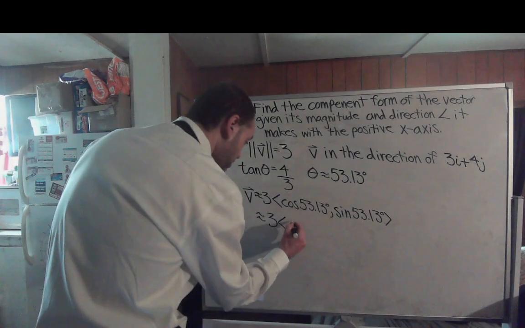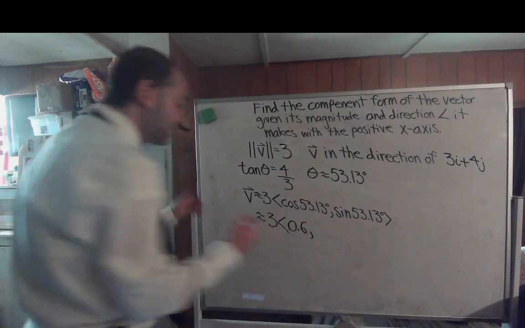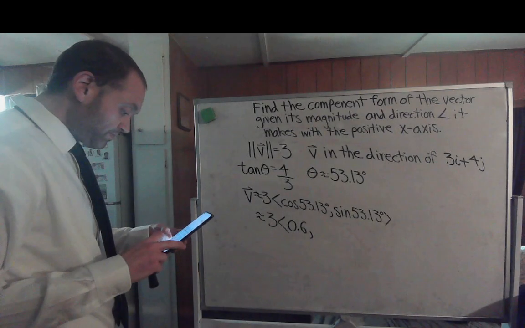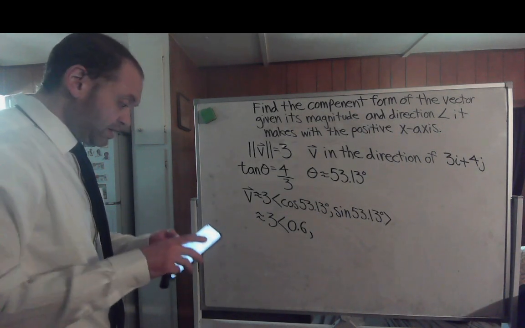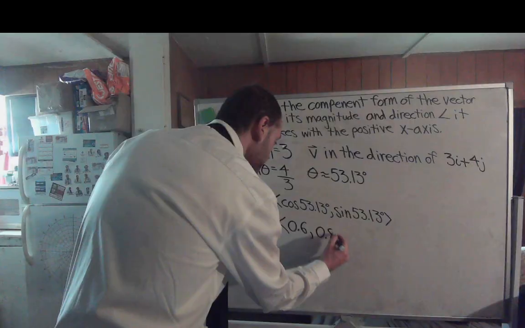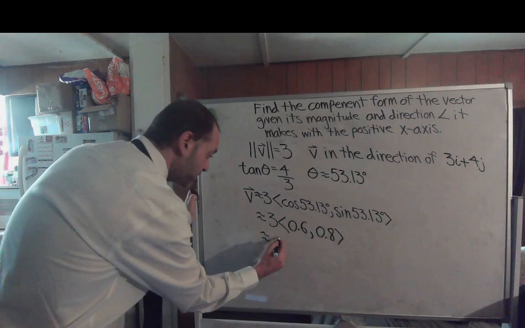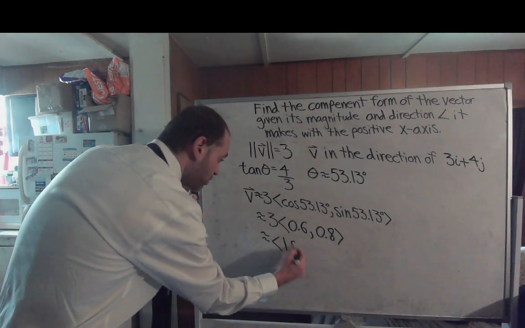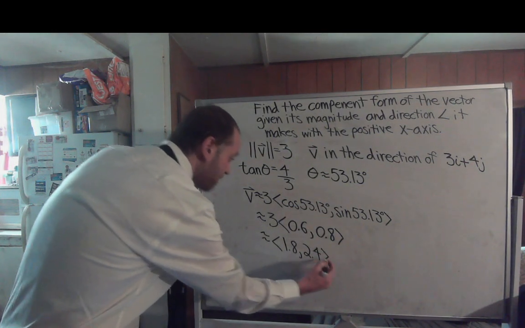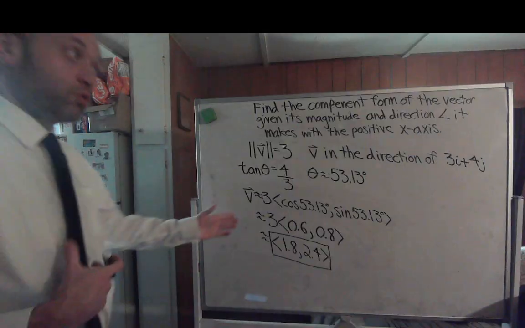Wow, it rounds to 0.6 for the cosine of 53.13. That is actually a lot better than I thought. And you get about 0.8 for the sine of 53.13. So you distribute that 3 in component form, you get a vector of about 1.8, 2.4. That would be the component form of this vector. You would get about 1.8, 2.4.